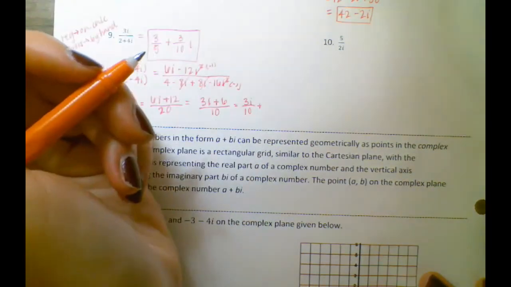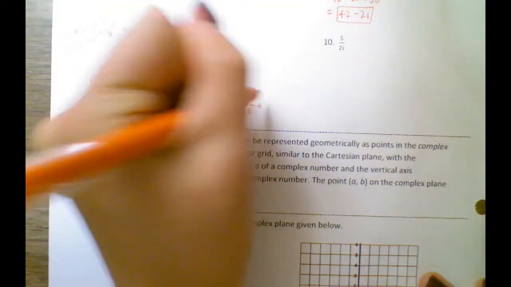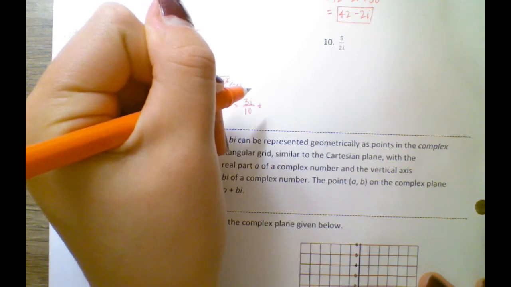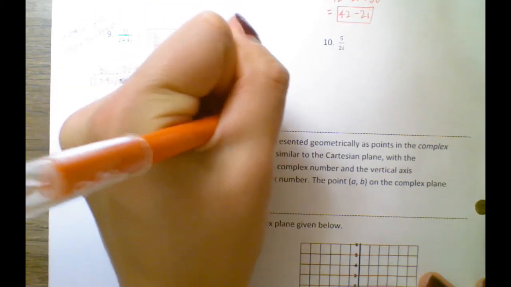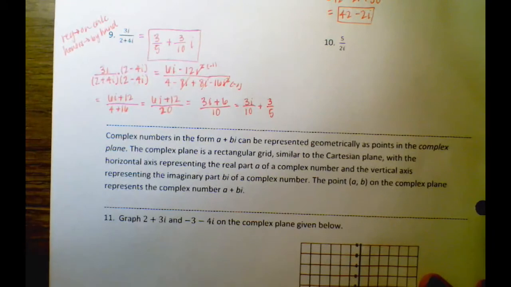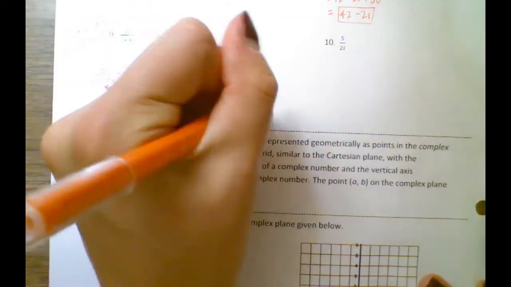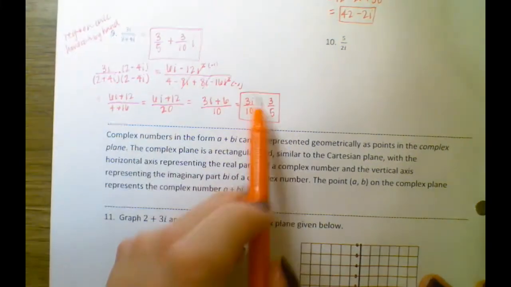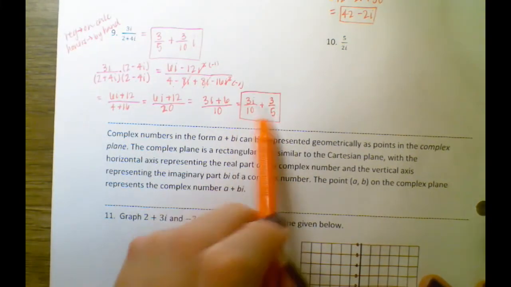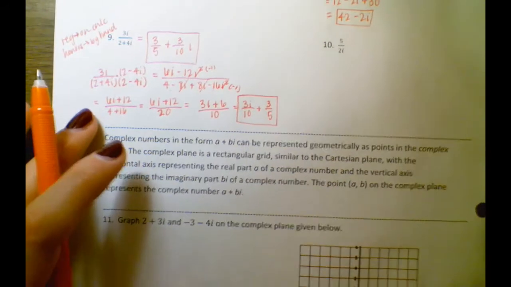That can reduce even more, divide those both by 2 is 3/5. Okay, which is the same answer up here, right? So either you guys can write it like that, or you guys can switch the real and the imaginary term. I'd accept either. Okay.